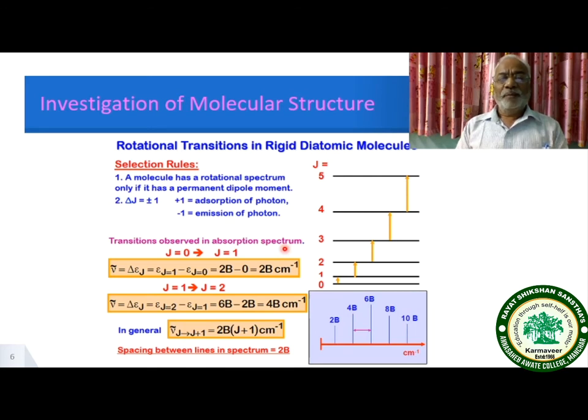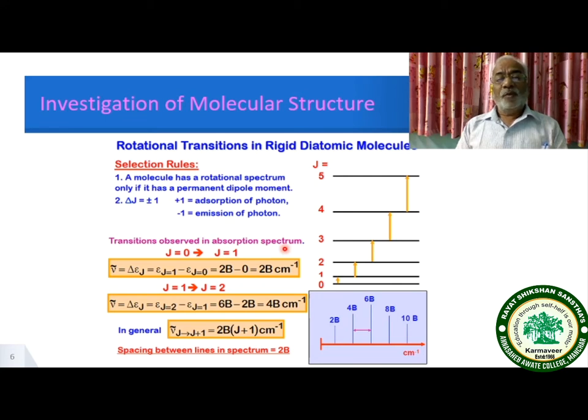Plus 1 means absorption of light, a photon. Photon means E is equal to h nu, and a quantum or an Einstein means E is equal to N h nu, where N is Avogadro's number. Minus 1 represents emission of a photon. Plus 1, absorption.